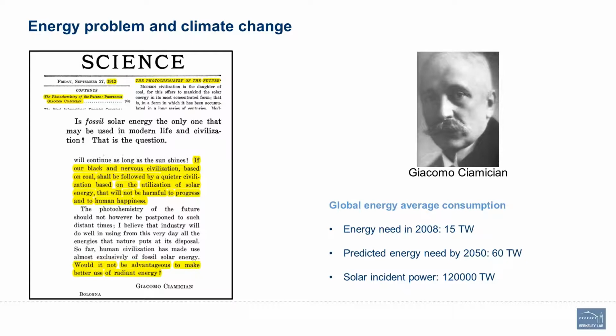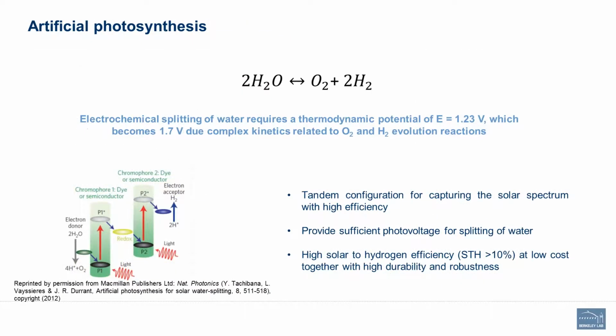So looking at nature, if we want to make a better use of radiant energy, we can do as nature does, so natural photosynthesis. We take water, carbon dioxide, and sunlight, and we can convert radiant energy into chemical energy.